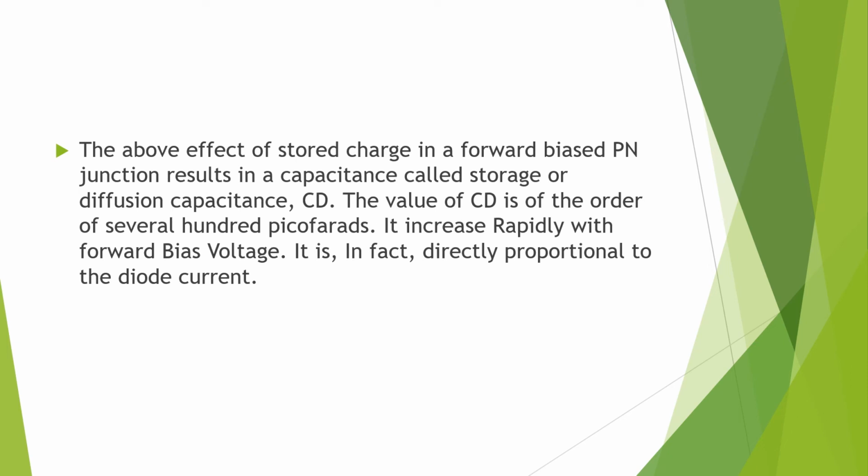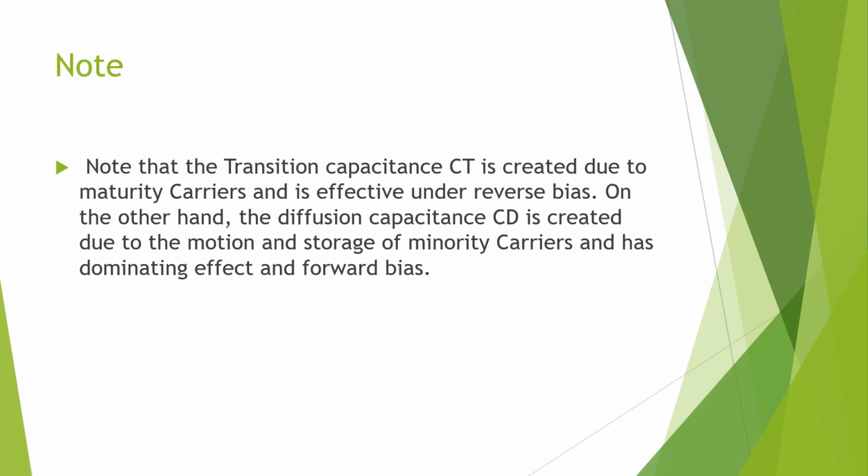The above effect of stored charge in a forward biased PN junction results in a capacitance called storage or diffusion capacitance, that is CD. The value of CD is of the order of several hundred picofarads. It increases rapidly with forward bias voltage. It is in fact directly proportional to the diode current.